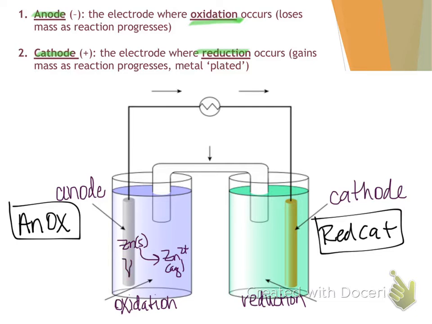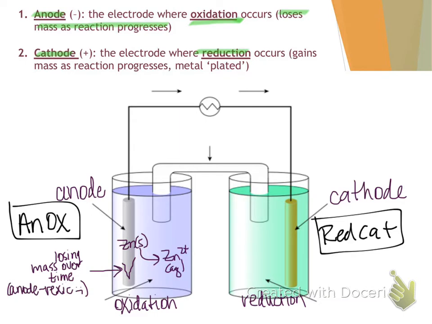Our anode is actually going to be losing mass over time as the reaction occurs. To help us remember that as our solid anode is turned into ions through the loss of electrons, that we are losing mass over time, we have another little saying. The anode is anorexic.